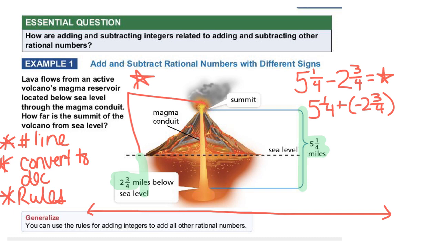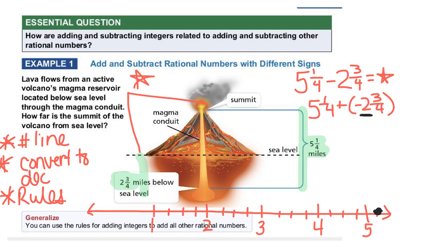I'm going to start at 5 1/4. Make sure you've got fourths: 1, 2, 3, 4. 1, 2, 3, 4. 1, 2, 3, 4. Okay. I'm going to start at 5 1/4, and I'm going to move back 2 whole spaces.